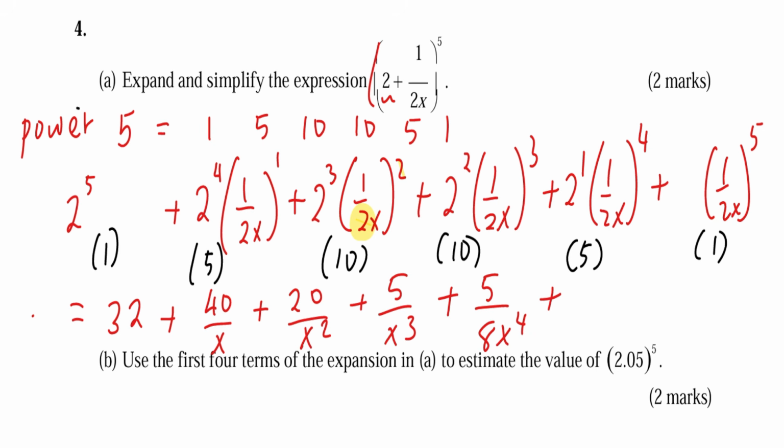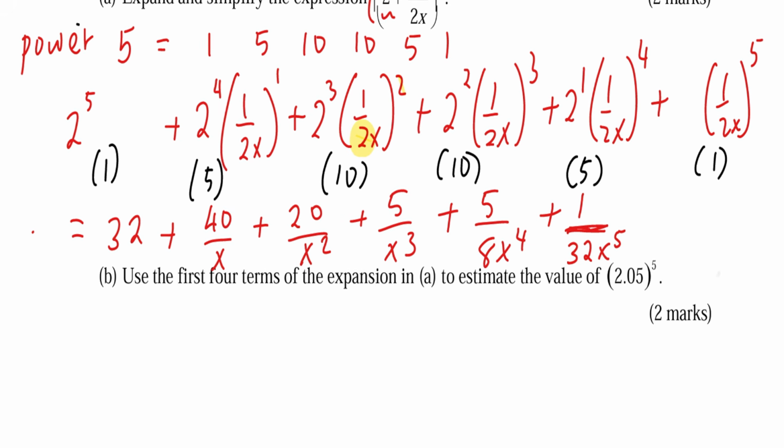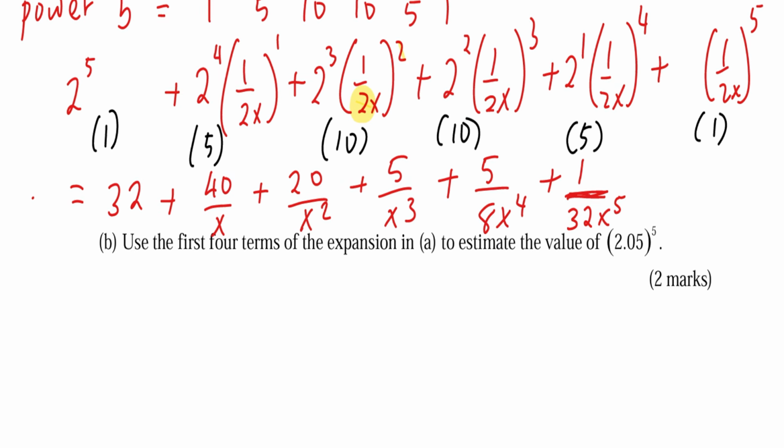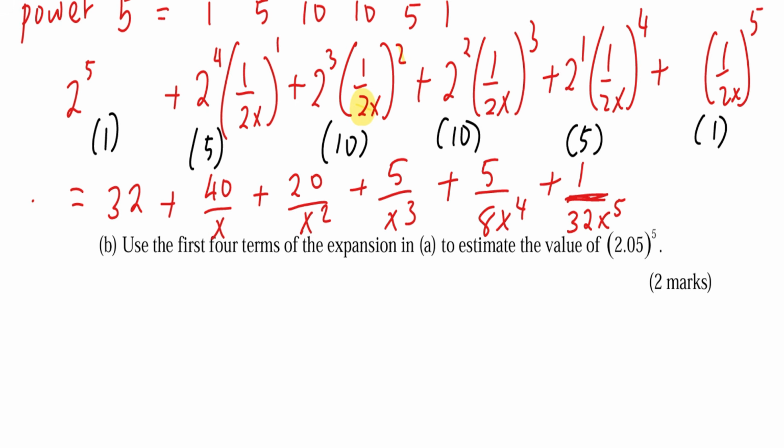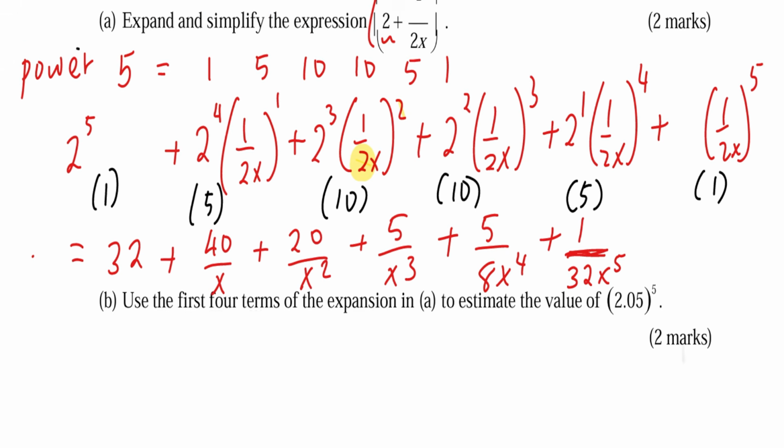And lastly, 1 over 2 to the power of 5 gives 1 over 32x to the power of 5. And that is your answer, so the whole thing is this. Now let's continue and finish the second part of the question: use the first 4 terms of the expansion in A to estimate the value of 2.05.